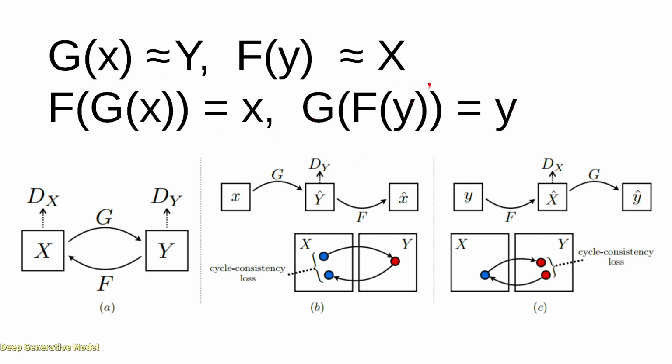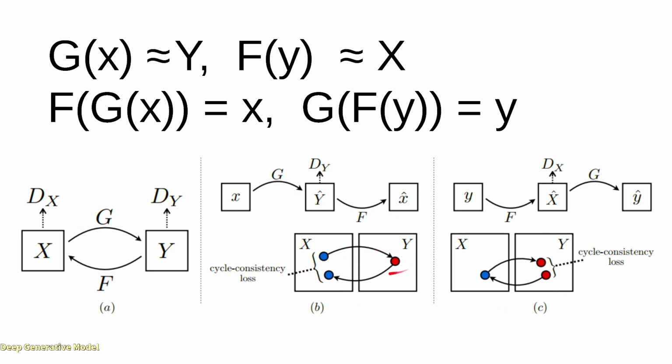And vice versa: when we put a zebra into F and generate a horse, and use G to convert this horse back into a zebra, we wish it to be equal to the original one. So I put an equal sign here and put the same symbol right here, because this is our goal. We wish them to be the same. Or you can see the diagram here.